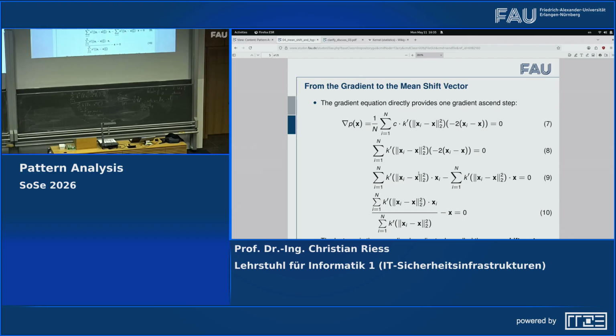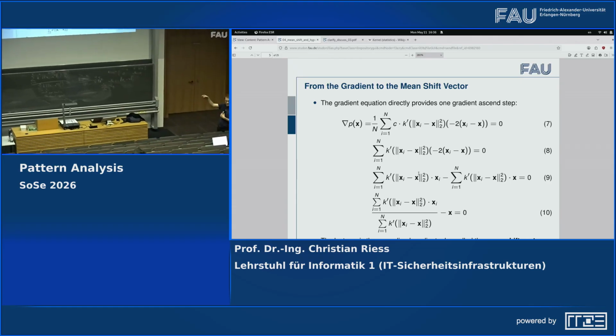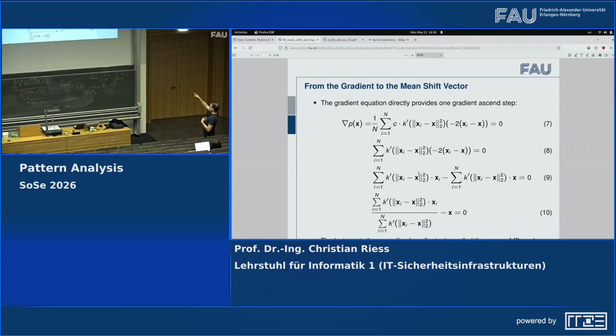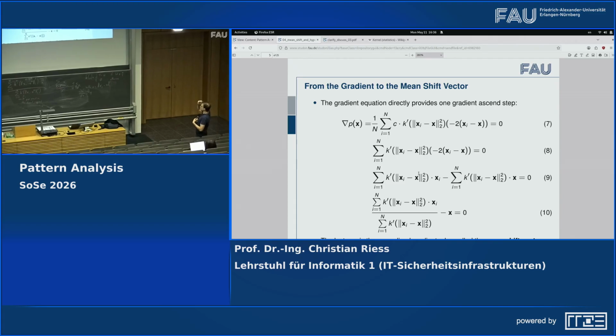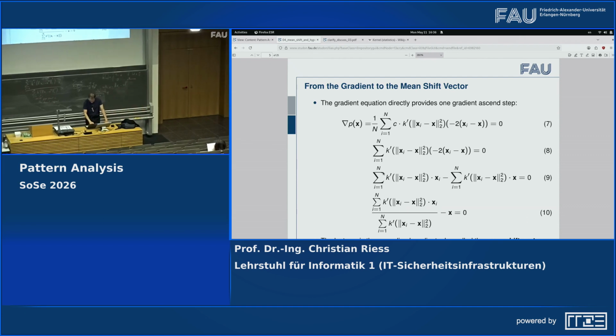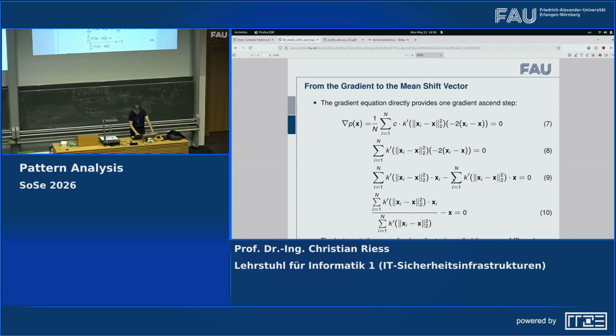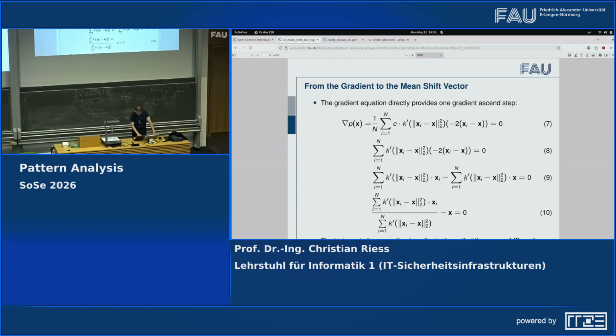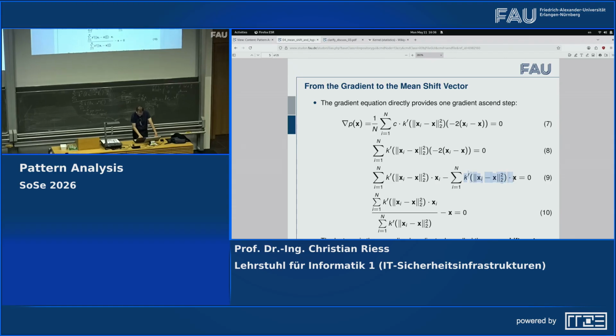Sorry, in the step between equation 8 and 9. So between 9 and 10, hold on. This part from equation 9 comes with plus to the right-hand side.